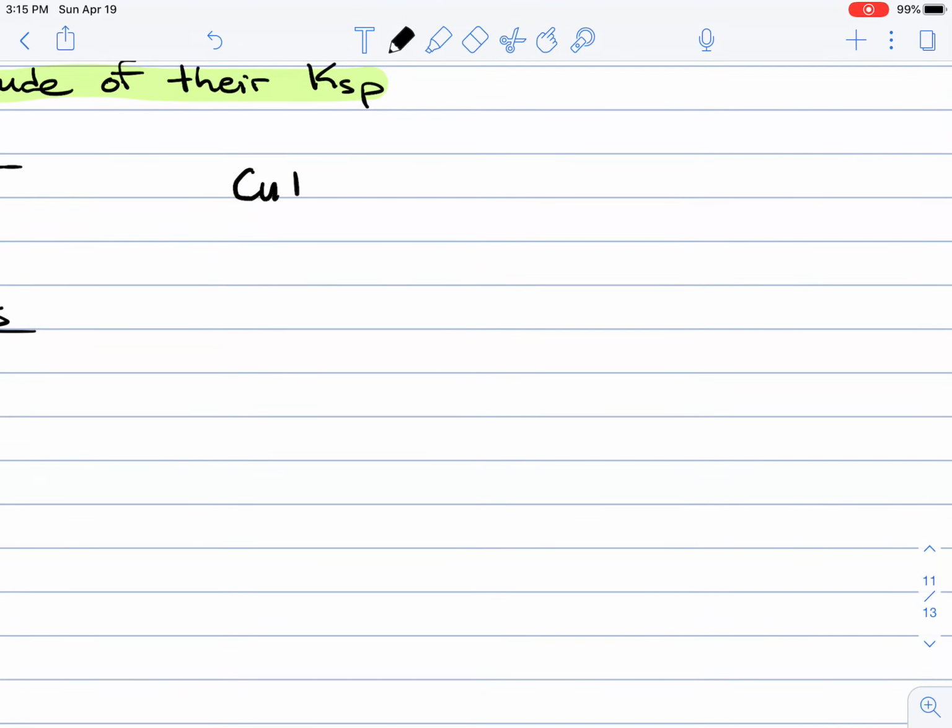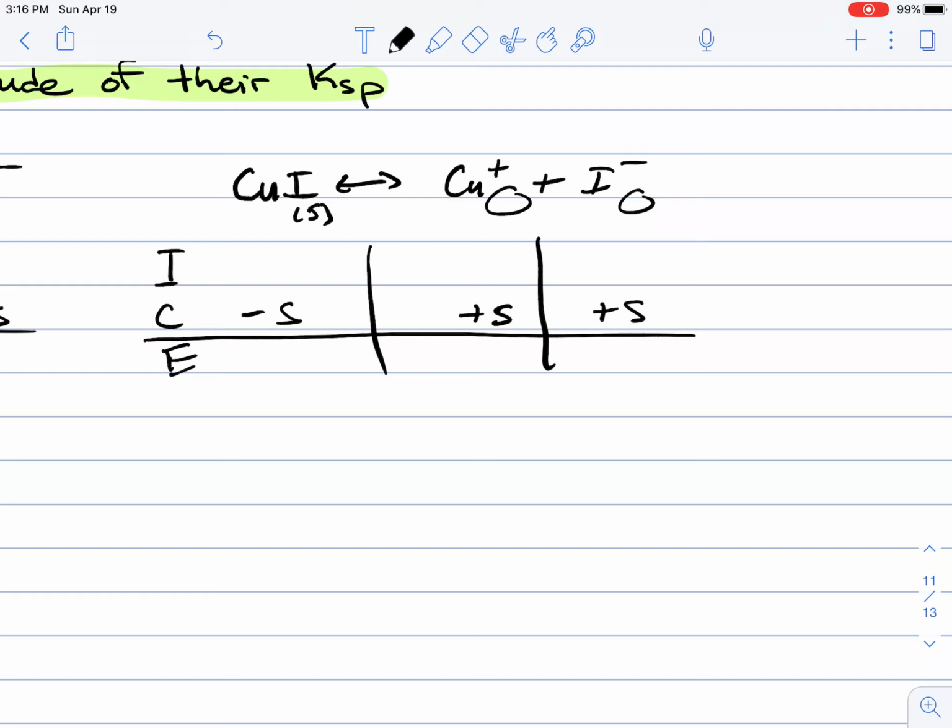So this is plus S, plus X, plus S. The equilibrium concentration for copper is the same as the molar solubility of copper iodide, and the equilibrium concentration for iodide is the same as the molar solubility of copper 1 iodide.